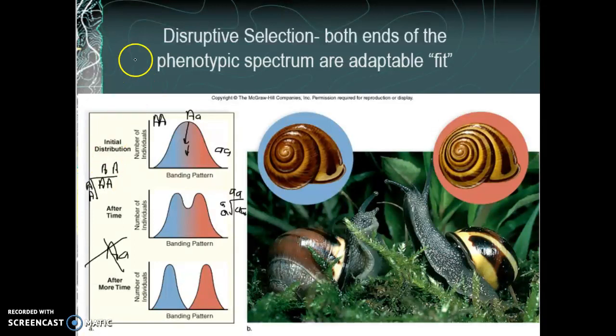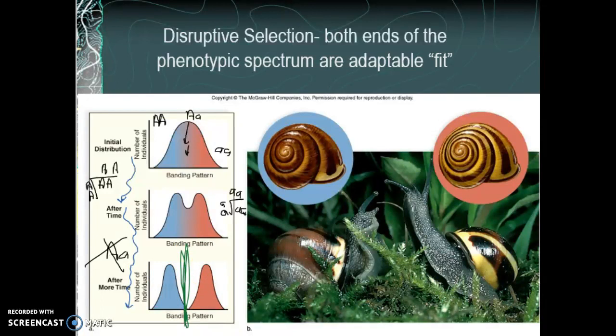So with our snail example, if this started and over the course of, it says time, really should be generations, over the course of many, many, many generations, we have this split, then we will reach a point where now there's a barrier here. There is a barrier that prevents these individuals from reproducing with these individuals.